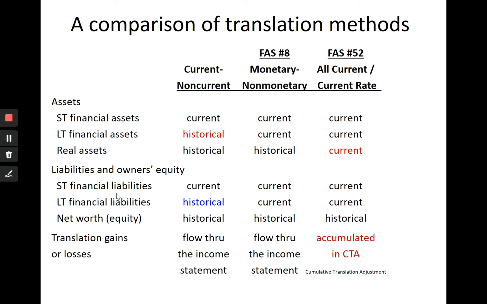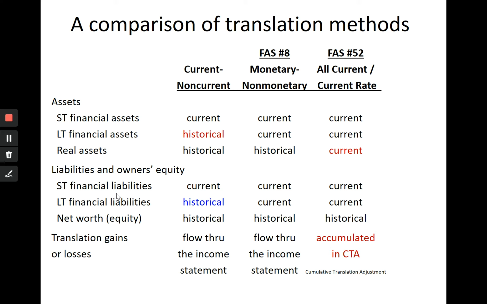But under the all current method, the American method currently, these translation gains or losses do not affect our income statement. They do not add to our profit or loss, but they are reported in the balance sheet.